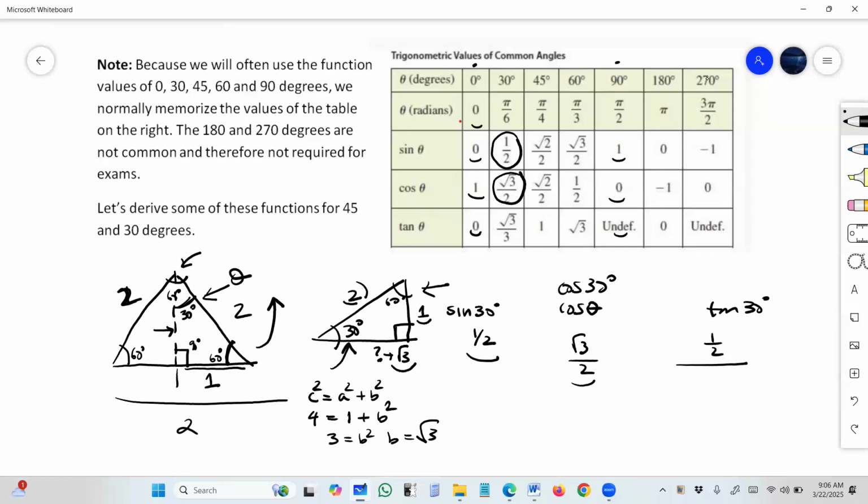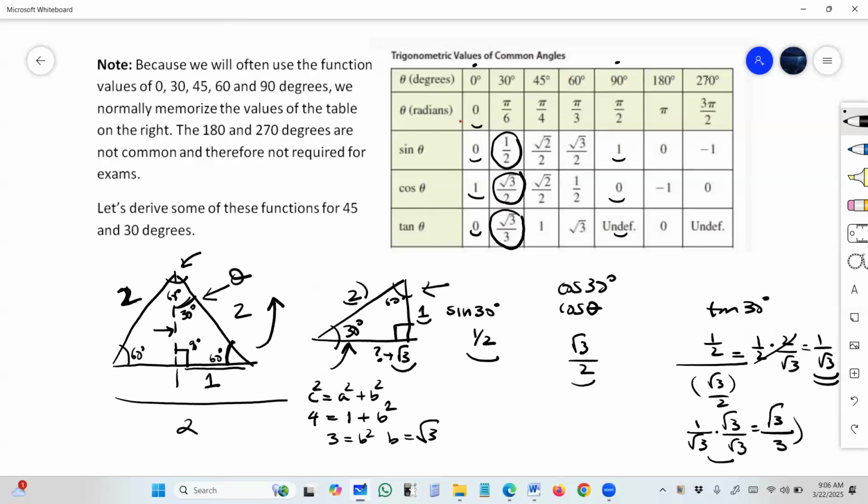You remember how to divide fractions: you multiply by the reciprocal. So these two cancel, and I have 1 over radical 3, but we can't leave the radical in the denominator, so you must rationalize. Multiply by radical 3 over radical 3. The rationalization part is from Math 119. You should remember that. If you don't, just watch a video for a couple of minutes. Radical 3 times radical 3 is radical 9, which is 3. So here's tangent of 30.